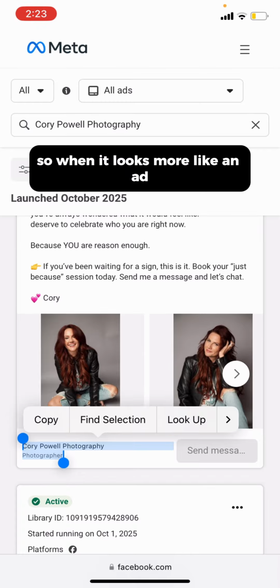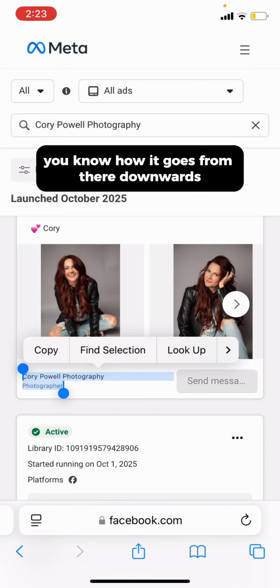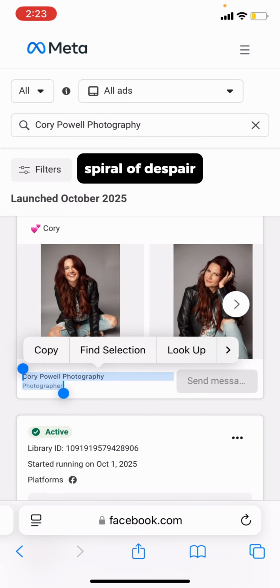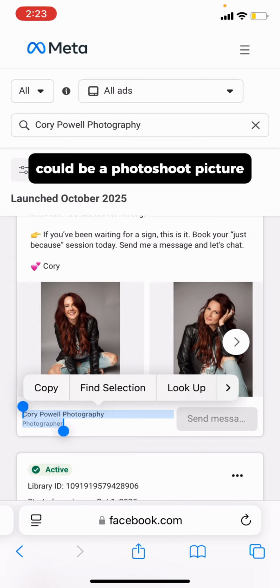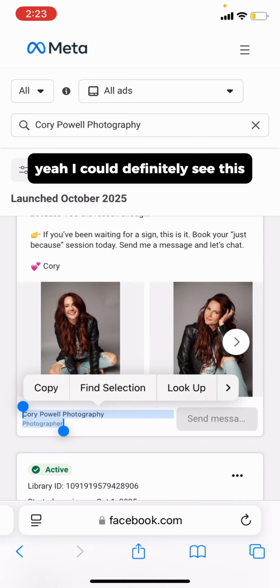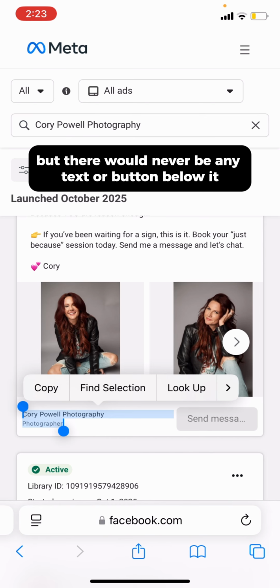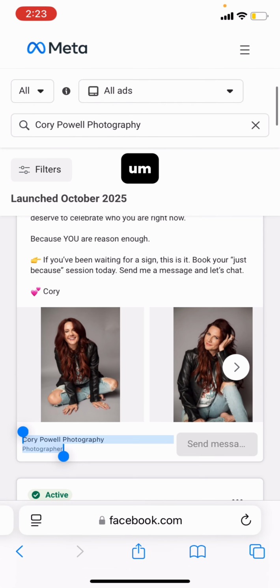So when it looks more like an ad, more women scroll by, fewer women consume the ad copy. You know how it goes from there, downward spiral of despair. I mean, there's no one posting, like this could be a photo shoot picture someone's posting organically on their wall. Yeah, I could definitely see this. Pictures from my photo shoot, but there would never be any text or button below it. These are ad attributes.